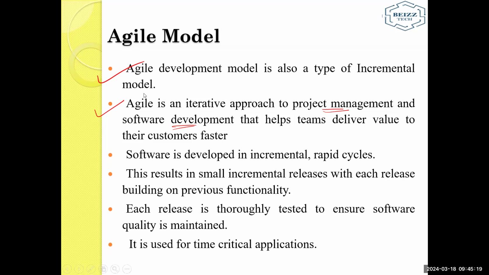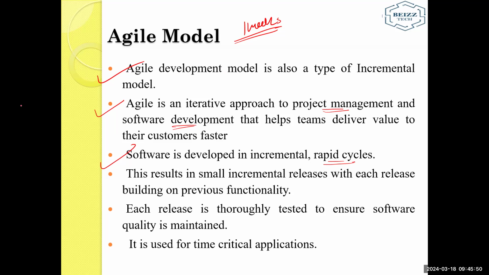So in a short time frame, we design, develop, and test the application, and deliver the project or product to the customer in a faster way. Software is developed in incremental and rapid cycles. Incremental means in multiple cycles you will be delivering the software. But why rapid? Why is Agile faster? Because in hardly a few weeks you are able to design, develop, test, and release the application. So it is a faster development.